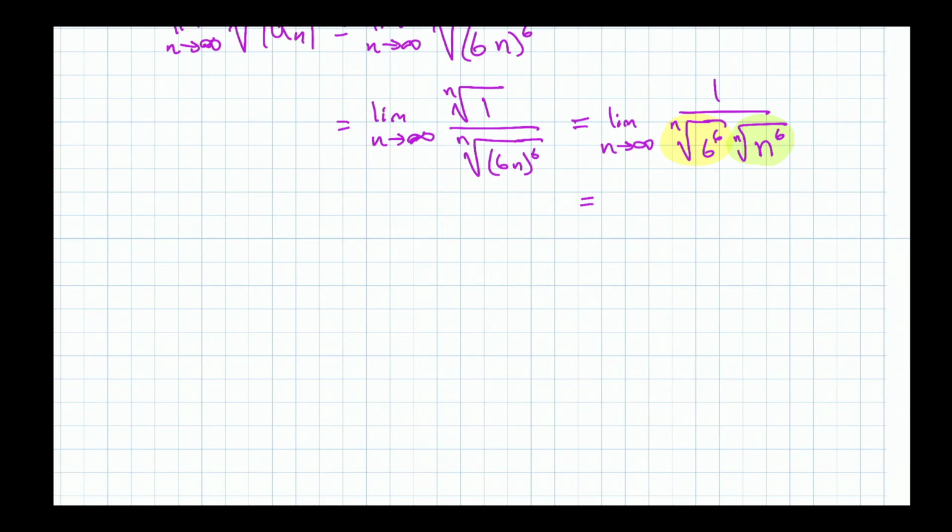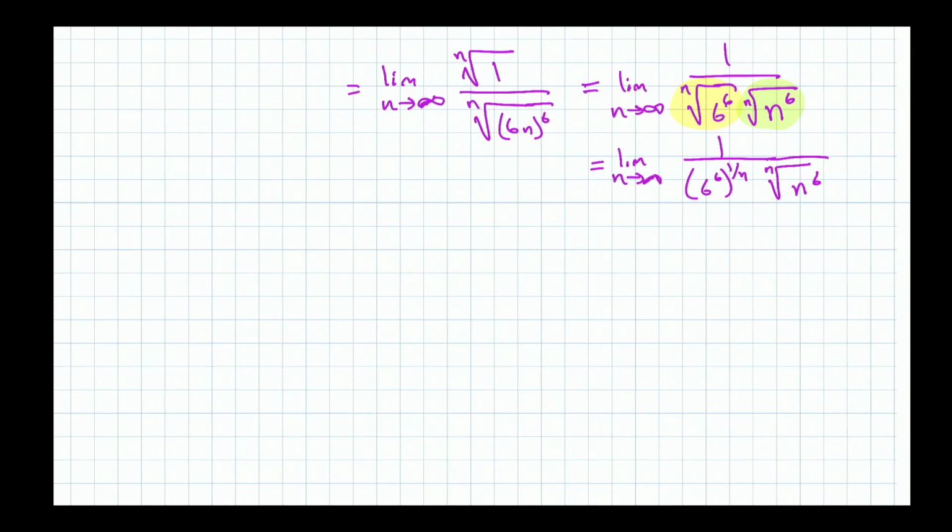Now, the other thing I want to do, though, is I'll work this out properly. So 1 over, this is 6 to the 6 is just a number, and then that's to the 1 over n, right? And then this, I'm going to leave the way it is. Okay, now, we're going to take the limit. So when you take the limit of the left-hand one, 6 to the 6 to the 1 over n, that's 6 to the 6 to the 1 over infinity, because we're taking the limit, which is a 0 exponent.